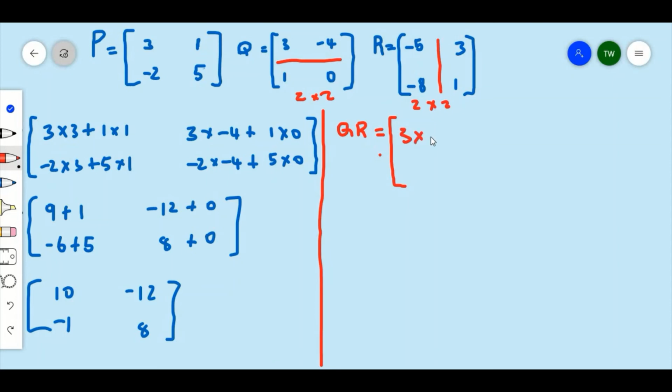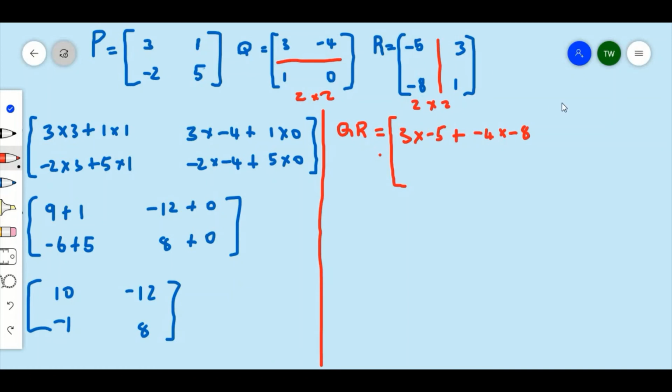So it's going to be 3 times negative 5, plus negative 4 times negative 8. Then it's going to be row 1 times column 2 now.